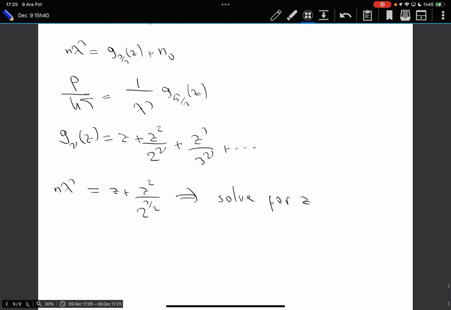And once you know the value of z, P over KT will be 1 over lambda cubed g 5 over 2, z plus z squared divided by 2 to the power 5 over 2, and obtain the first correction.